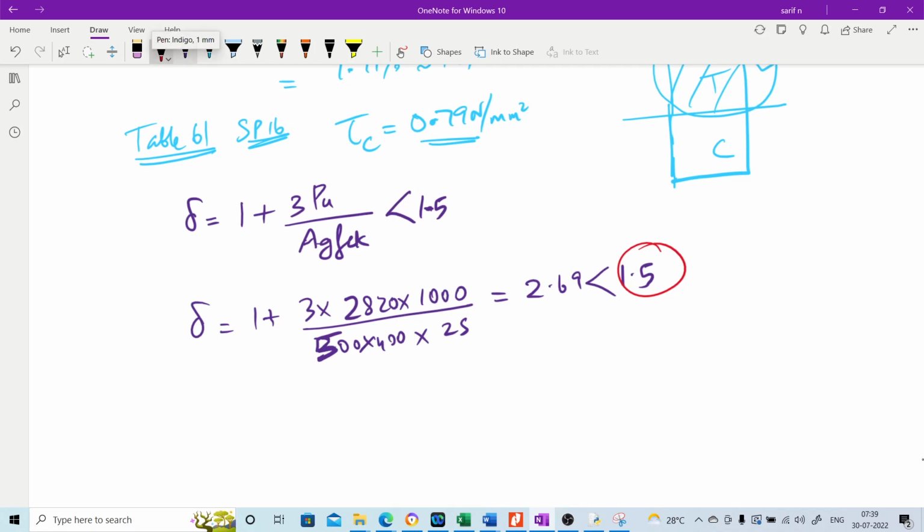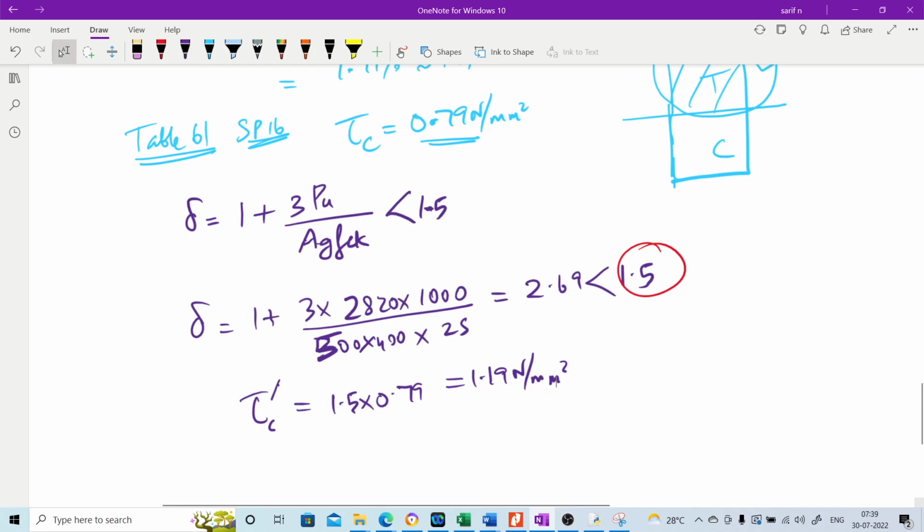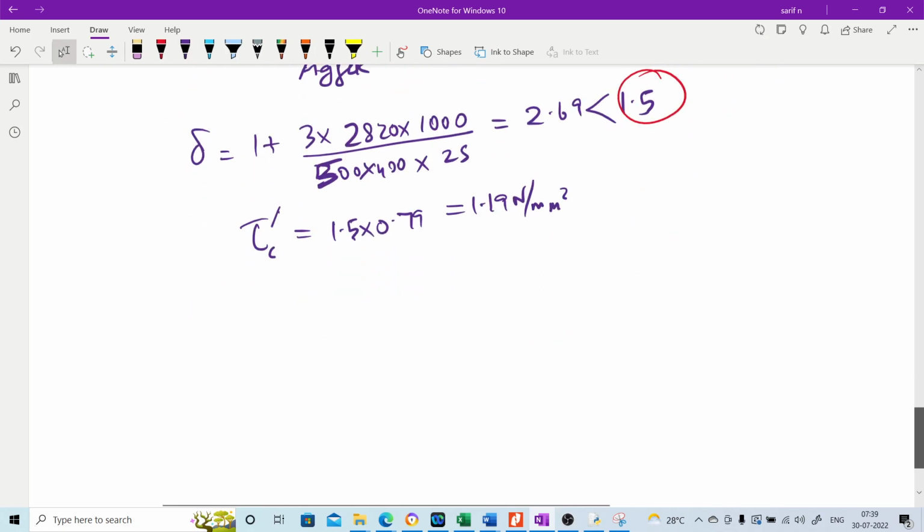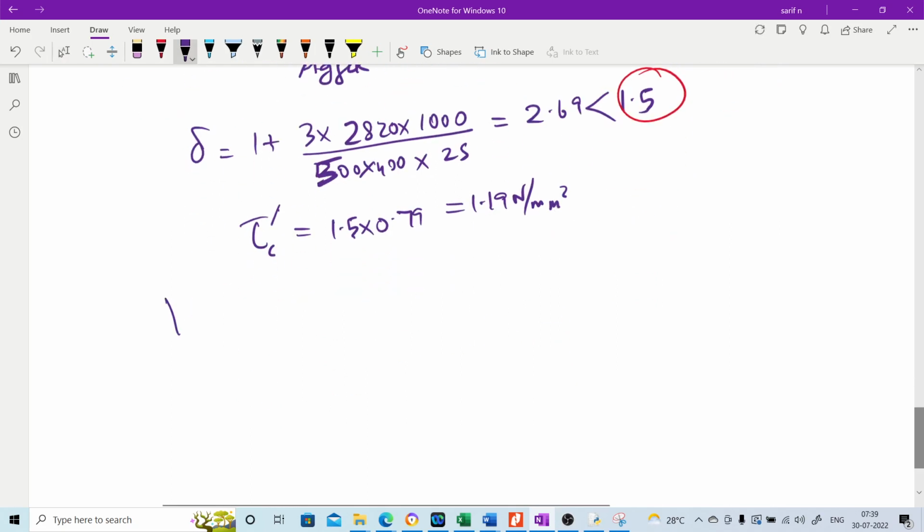So which means we can enhance tau c. Tau c modified will now be equal to 1.5 into 0.79. So that will come out as some 1.19 Newton per mm square. So that will be the modified shear strength of concrete. Now the shear force that has to be resisted by the stirrup, that will be equal to Vu minus tau c BD.